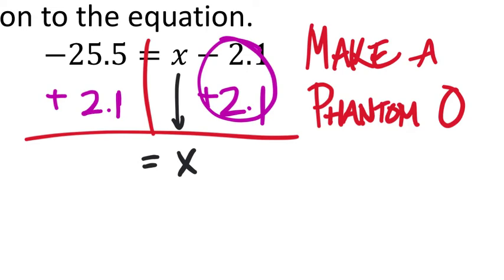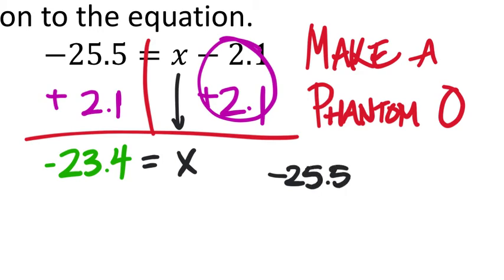So in my calculator, negative 25.5 plus 2.1, enter. And my calculator says that if you replace x with negative 23.4, you should get a true statement. Let's just check to make sure the calculator is not lying to us. Not that it ever does. But x minus 2.1, right? Well, right now we're pretty sure x would equal negative 23.4.